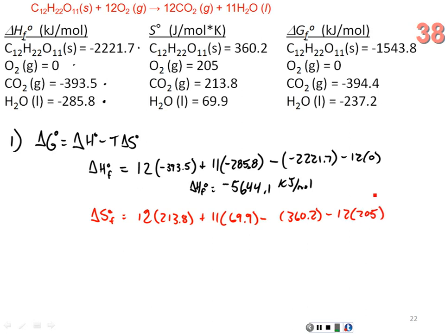Again, that is products minus reactants. So delta S naught is 514.3 joules per mole Kelvin, or 0.5143 kilojoules per mole Kelvin. We plug this into the equation for delta G.